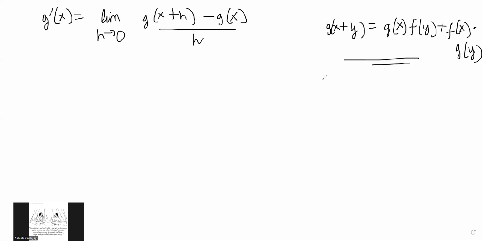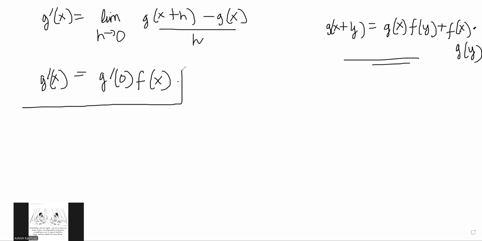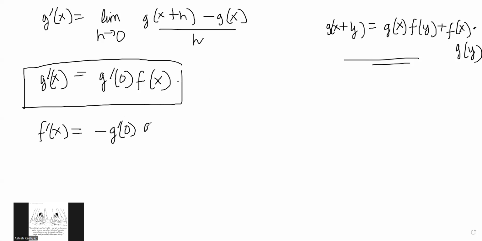So you apply that here, and after a little bit of simplification, just like we did last time, we are going to end up with this. g dash x is equal to g dash 0 into f of x. I have skipped some steps here, but you can fill up the details just like we did for f dash x. So we have f dash x from the previous screen was equal to minus g dash 0 g of x, and we have here g dash x is equal to g dash 0 f of x.